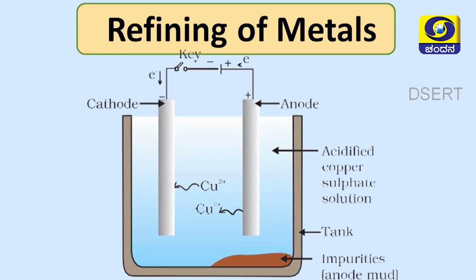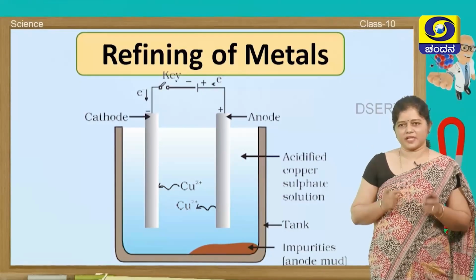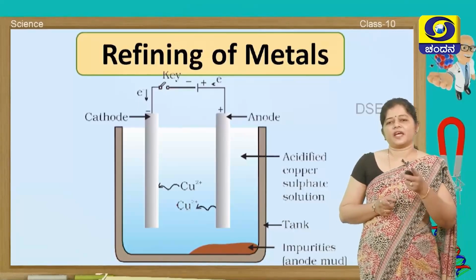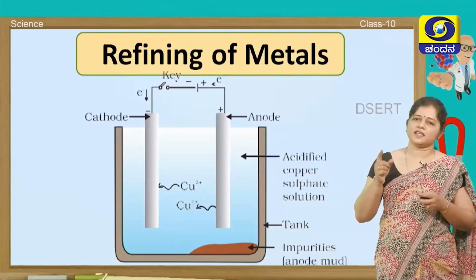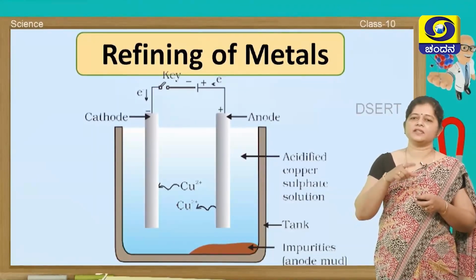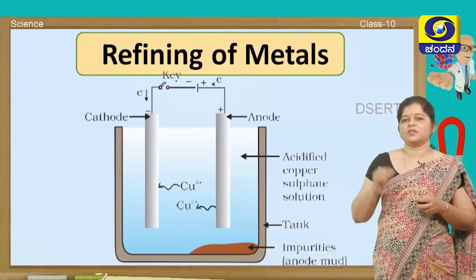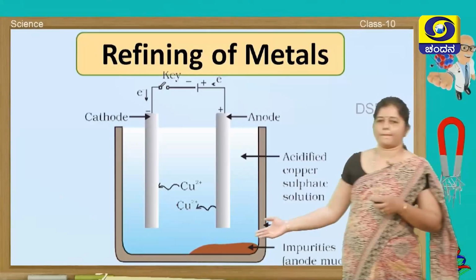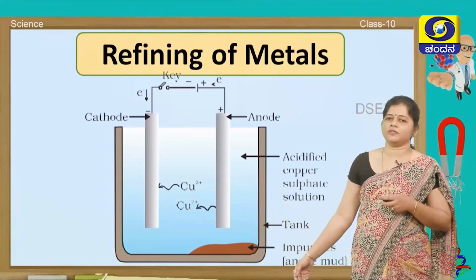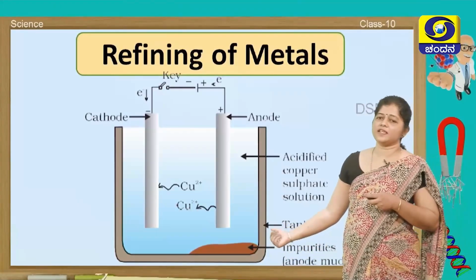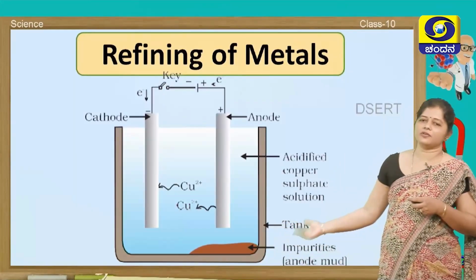The impure metal is taken as the anode and the pure metal as the cathode. As the process continues, you can see the impurities collecting at the bottom of the anode, called the anode impurities or anode mud.